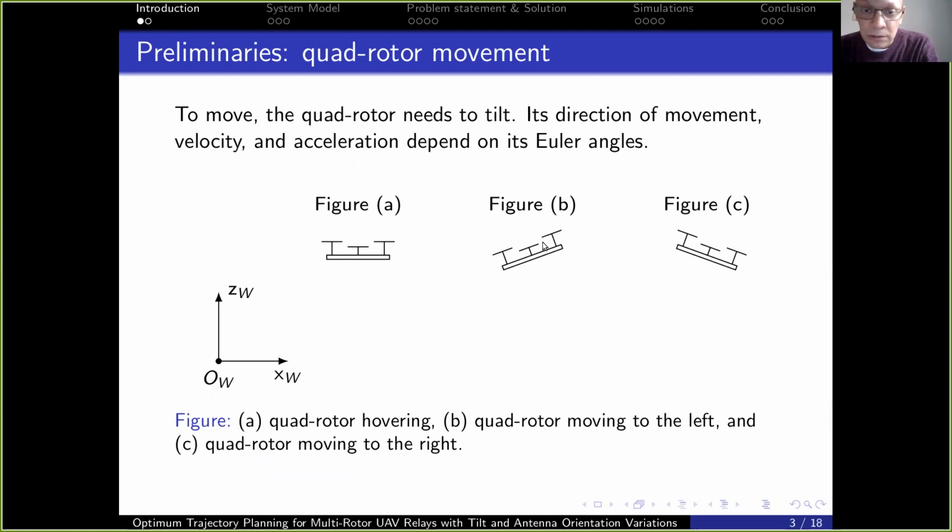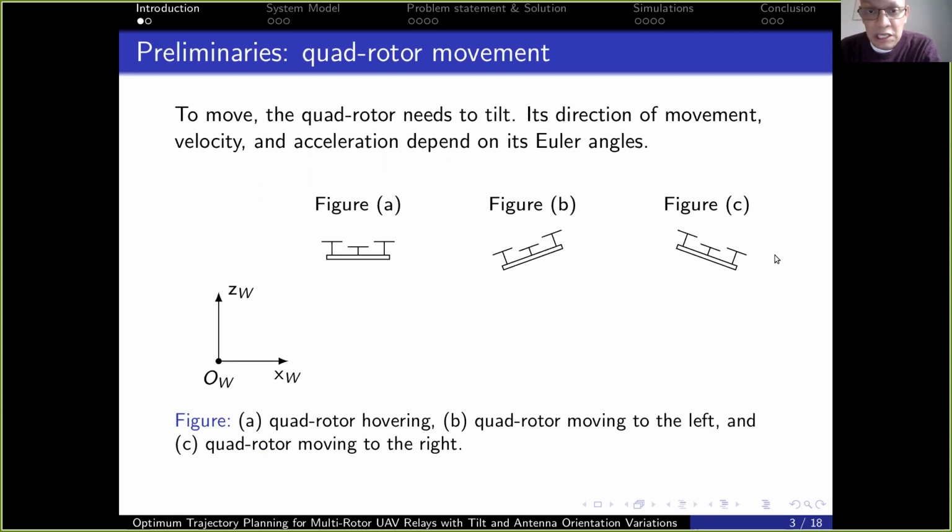If the UAV wants to go to the left, the right propeller has to produce a higher thrust than the left propeller in order to have the UAV platform tilt in this way, and then it moves towards the left. If the UAV wants to move towards the right, then this propeller has to produce a higher thrust, then the platform becomes tilt in this way and the UAV starts moving towards the right.